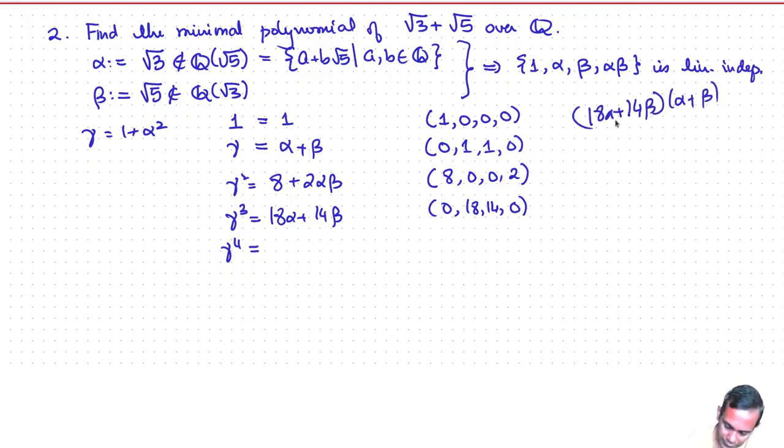So what we get is 18 alpha squared, but alpha squared is 3, so that's 18 into 3, which is 54, plus 14 beta squared, so beta squared is 5, so 14 into 5, that's 70, plus 18 alpha beta plus 14 alpha beta, so that's 18 plus 14, which is 32 alpha beta. So 54 plus 70, that's 124.